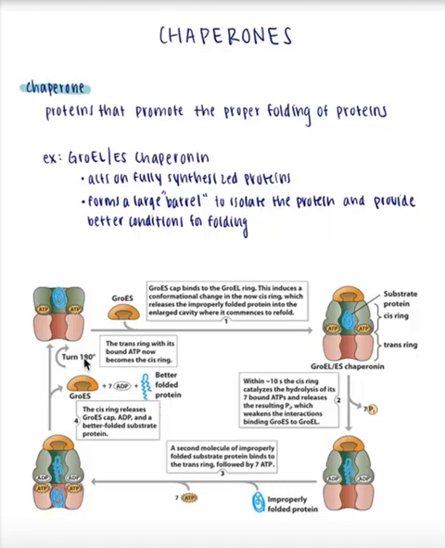And then what happens is the whole system actually does a 180 turn. So what was my cis ring that is now empty and what was my trans ring that has the new misfolded protein is going to flip, and so now the new one is going to be at the top, and that's going to be our new cis ring, and the bottom one, the trans one, will be empty, and then we just restart the whole process. So that's kind of how chaperones work.